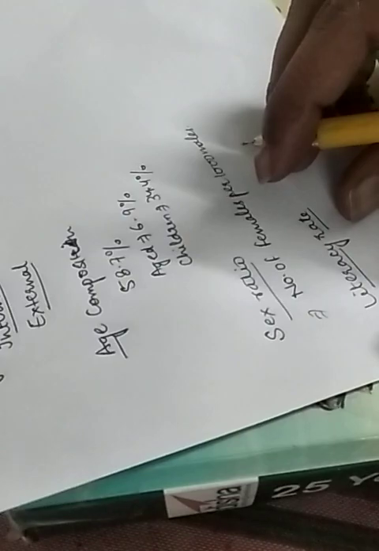The sex ratio is now 1093 females per 1,000 males. Now literacy rate. How much of the population knows how to read and write? It is called the literacy rate. And India's literacy rate is around 64%.